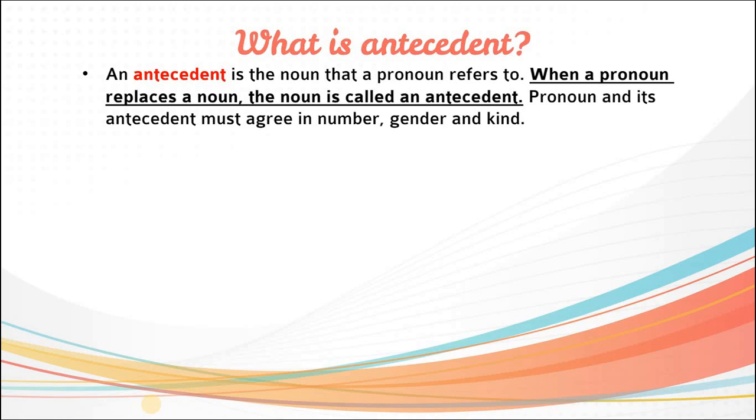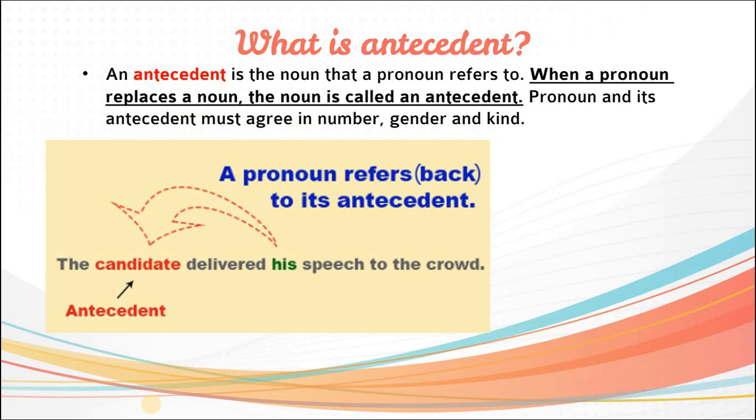Pronoun and its antecedent must agree in number, gender, and kind. For example, a pronoun refers back to its antecedent. The candidate delivered his speech to the crowd. So candidate is antecedent and his is replacing the candidate.